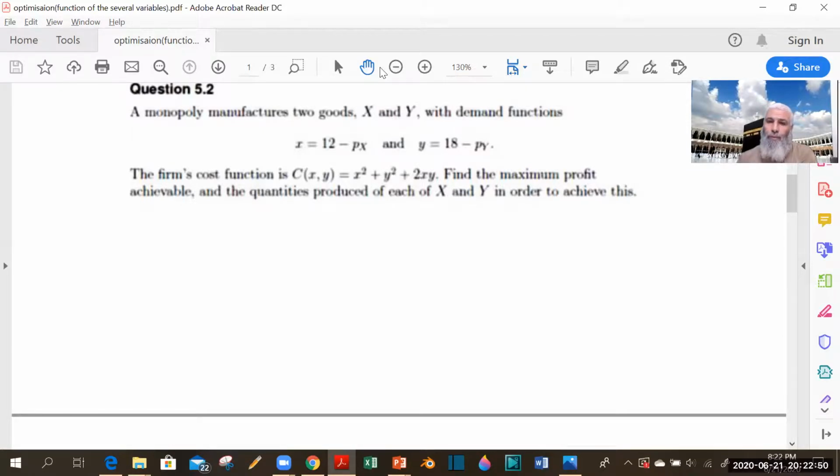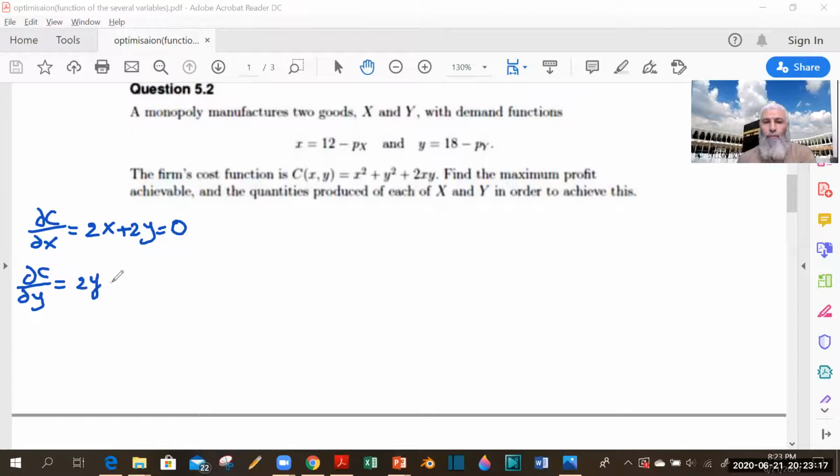Bismillah ar-Rahman ar-Rahim. Now dC dx is what? It's 2x plus 2y, and we will equal this to 0. dC dy is 2y plus 2x.